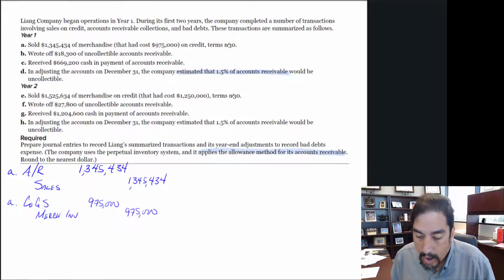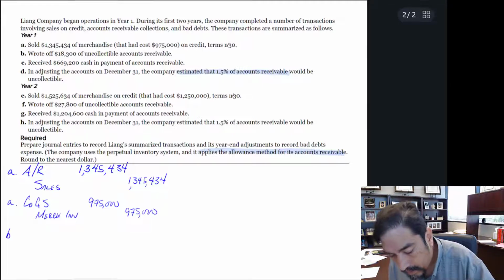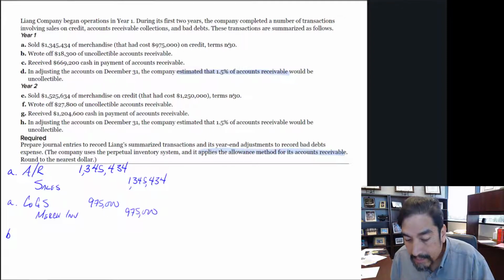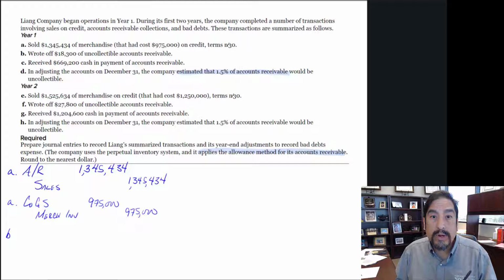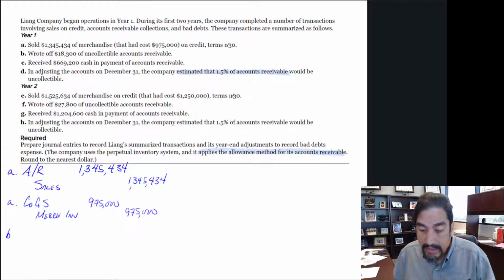Next is B. We wrote off some uncollectible amount. If this were the direct write-off method, here is where we would hit the bad debt expense. But it's not. This is an allowance method, so we don't hit bad debt expense here.